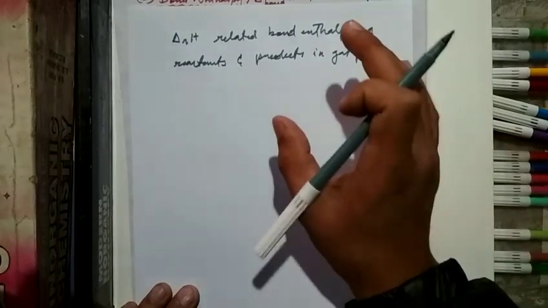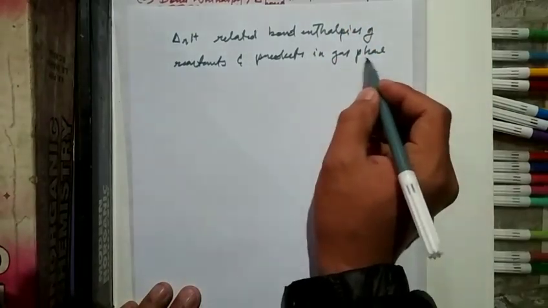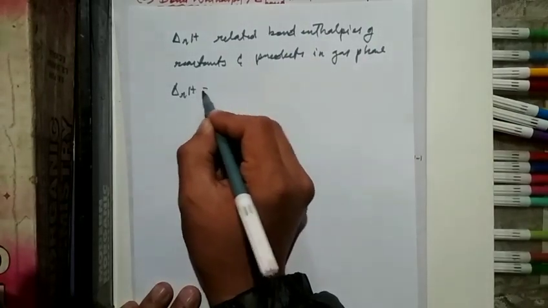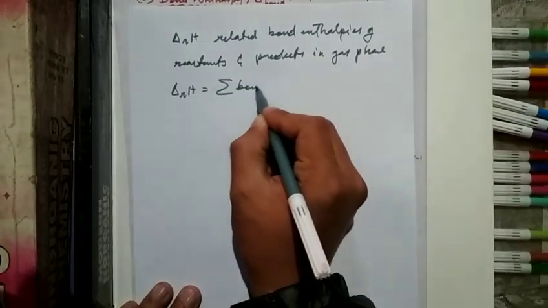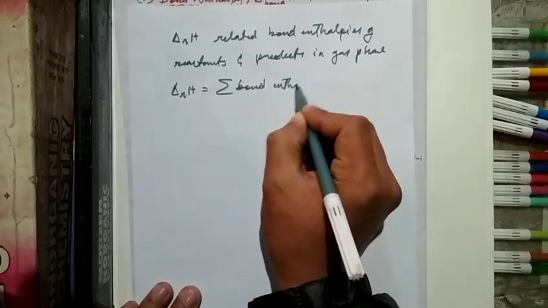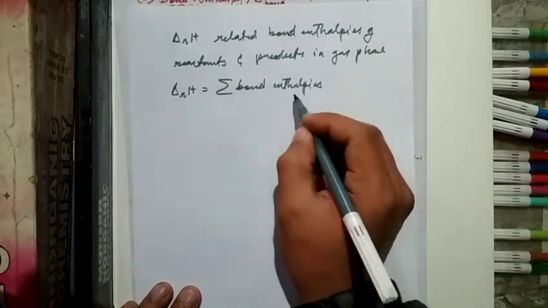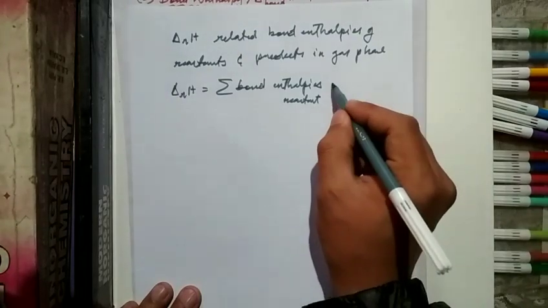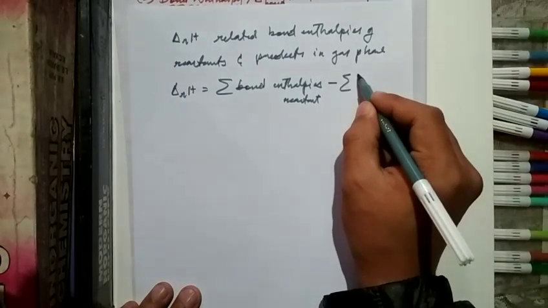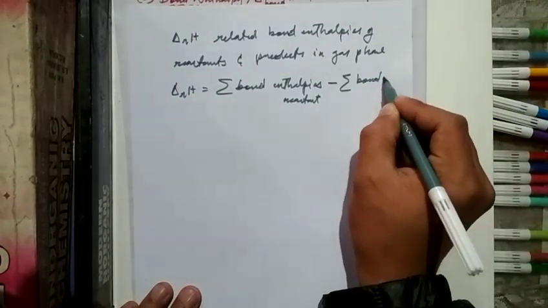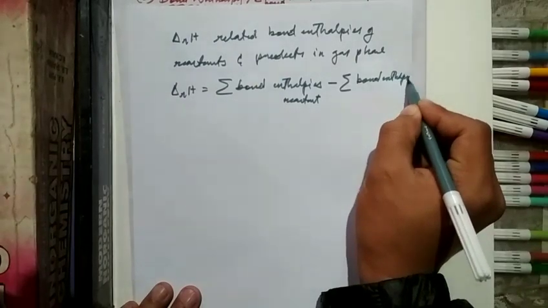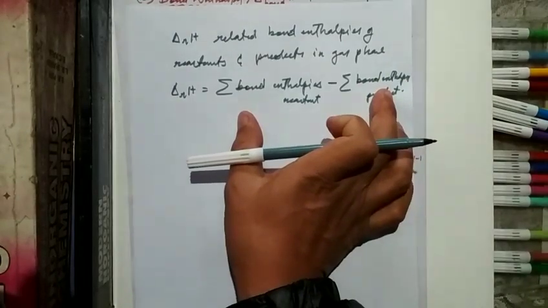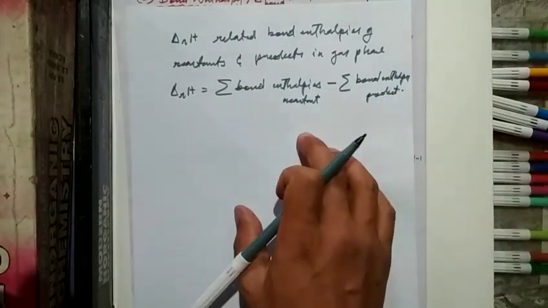It is given by delta rH equals the summation of bond enthalpies of reactants minus the bond enthalpies of products. This is for the case of bond dissociation.